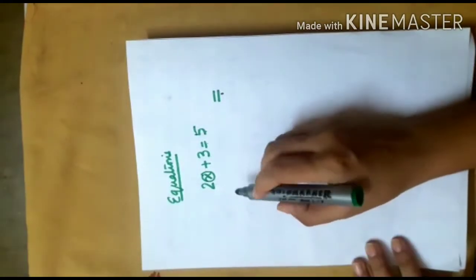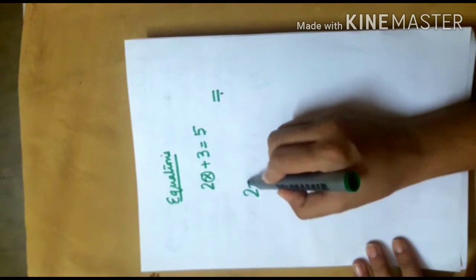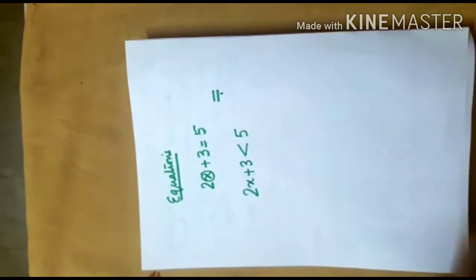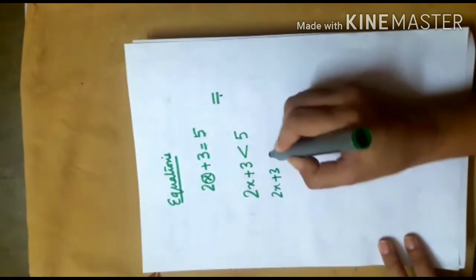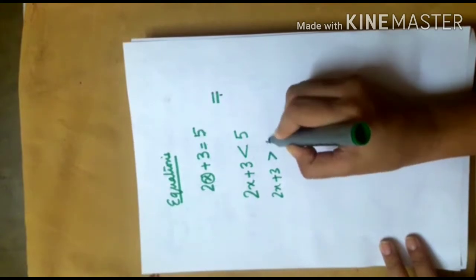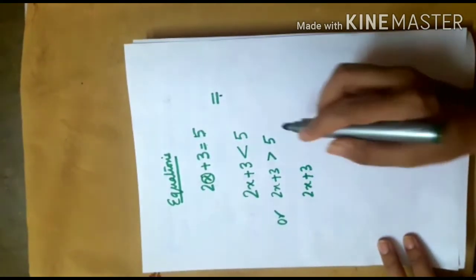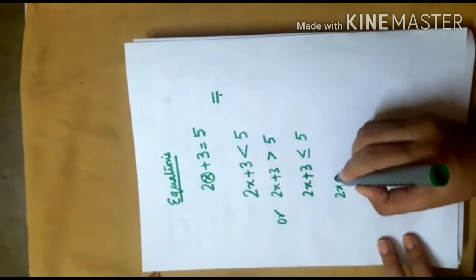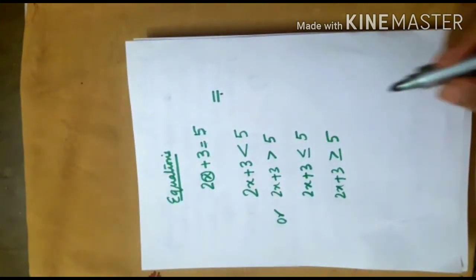But sometimes we come across a situation like 2x plus 3 is less than 5, or 2x plus 3 is greater than 5, or we can have the situation 2x plus 3 is less than or equal to 5, or 2x plus 3 is greater than or equal to 5.